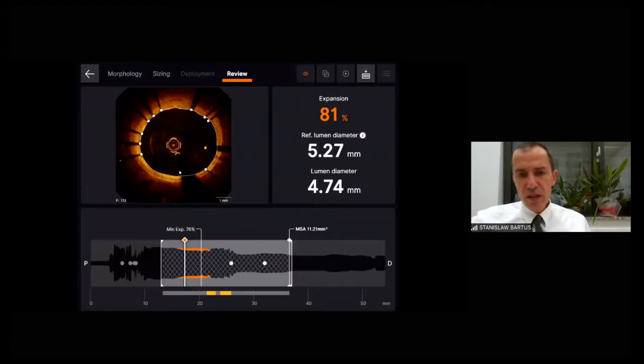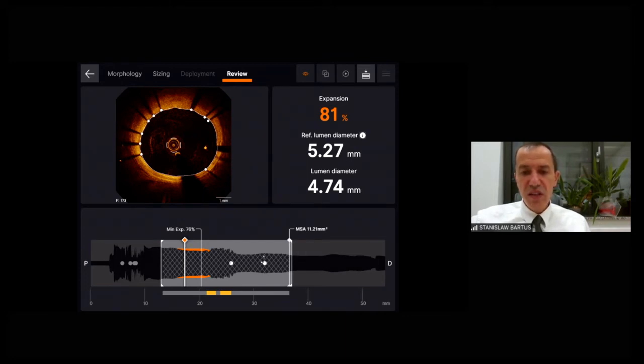So as you can see in the OCT, the result in the LAD where we used the very high-pressure balloon was very nice. There is completely no malapposition.